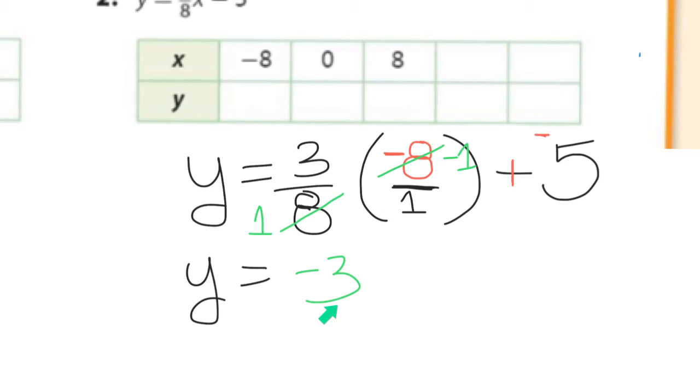I'm not going to make this into a fraction. There's no need to. I can make it back into the whole number, back into the integer, by taking the 1 away. So there's no need for this to be a fraction anymore. Plus -5. So -3 plus -5 will give me -8.